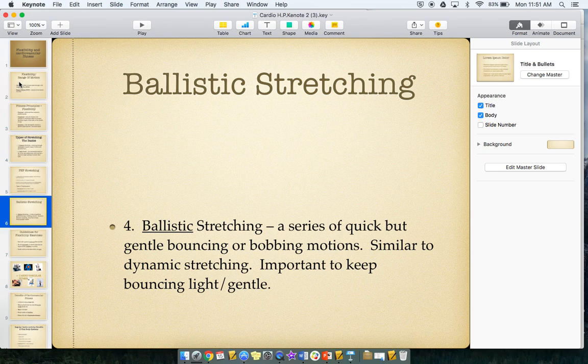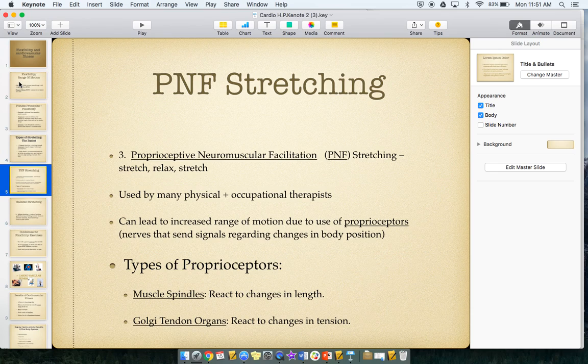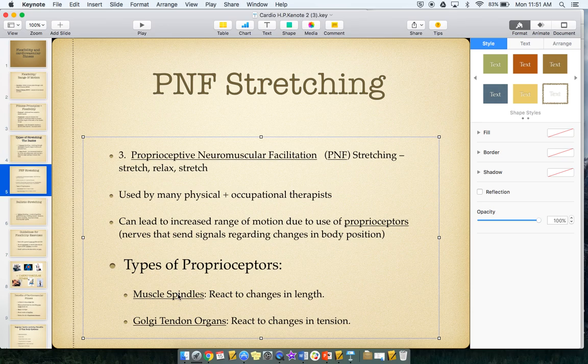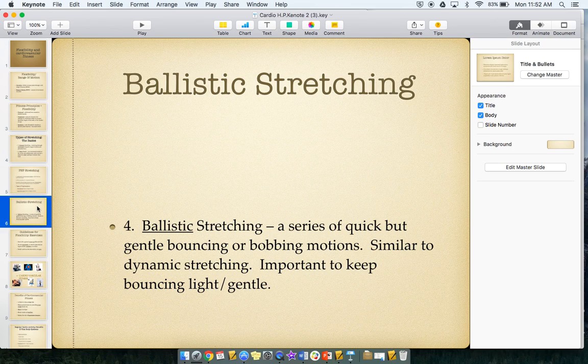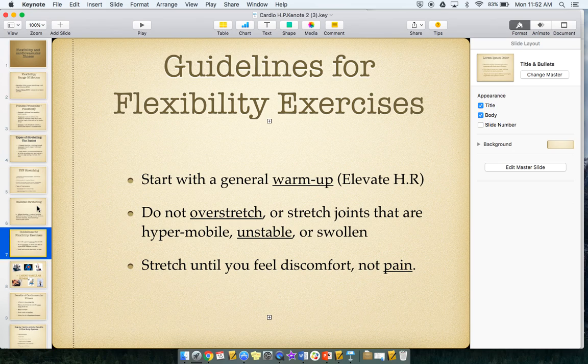You can still do it, but you have to be very careful to protect yourself against stretching those muscles too fast. If you look at the bottom, muscle spindles and GTOs, if those react to some real quick change, they can go into a little bit of a panic mode, and it doesn't really help you stretch. So those tie together.